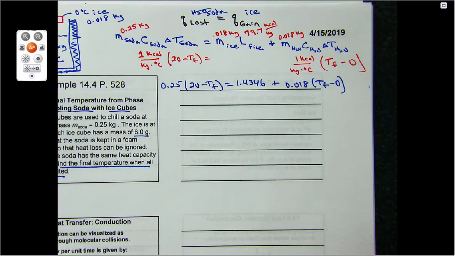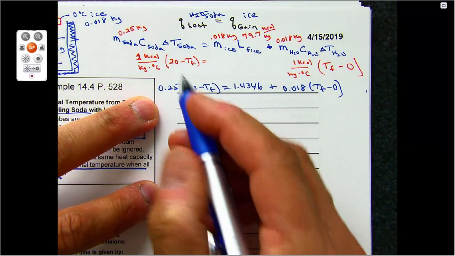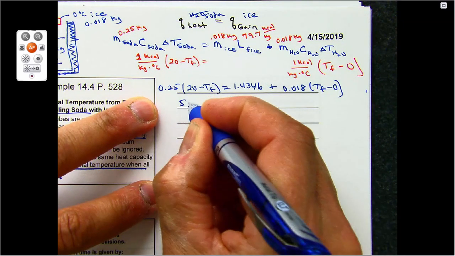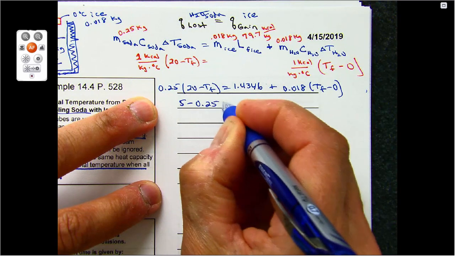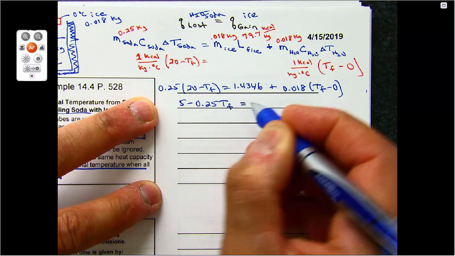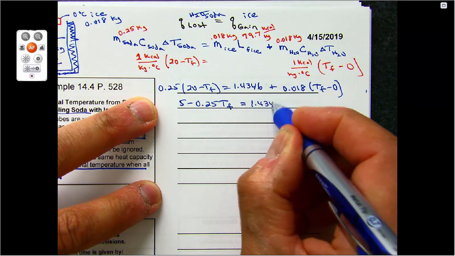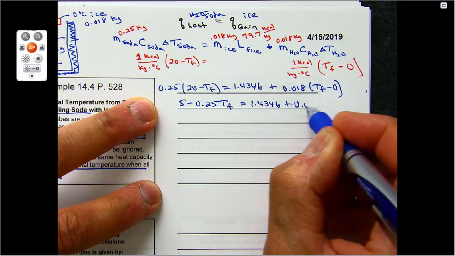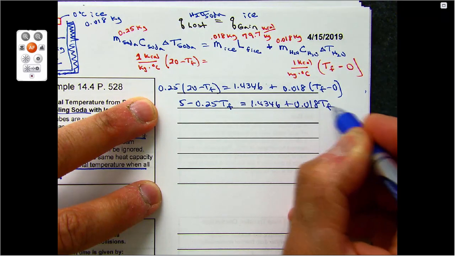A quarter of this is going to be 5, huh? So 5 minus 0.25 T final equals 1.4346 plus 0.018 T final.